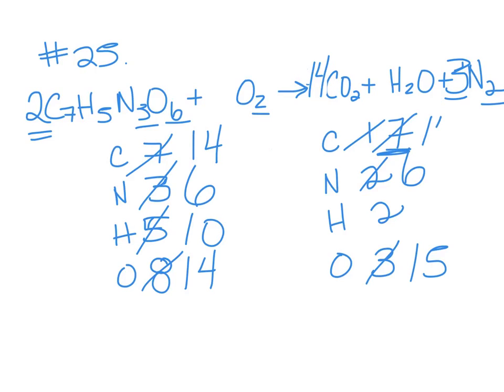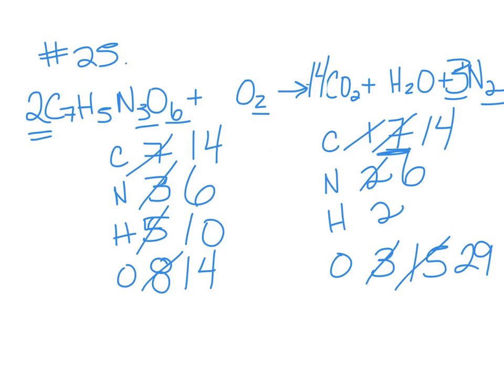That will fix my carbons to 14. Of course, my oxygens are going to be a lot different now. 14 times 2 gives me 28, plus 1 is going to give me 29 oxygens, but I'm not going to worry about those yet. I'll fix those at the very end.